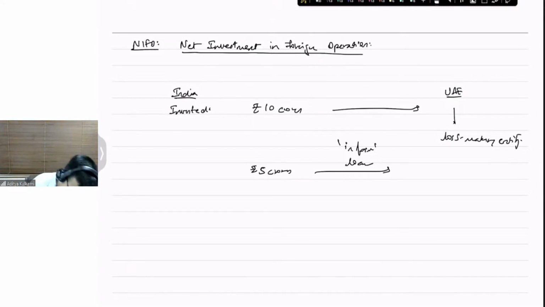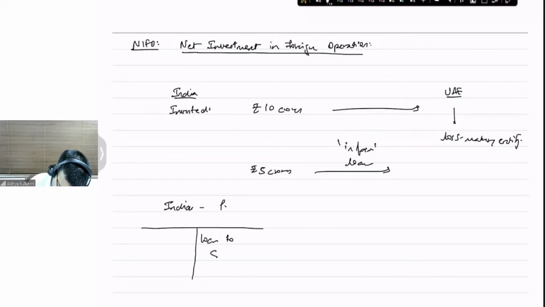Now, in the Indian parent's books, on the asset side, loan to S will appear at 5 crores.